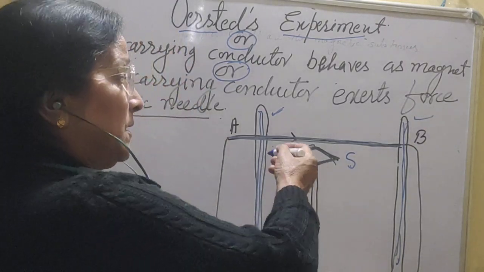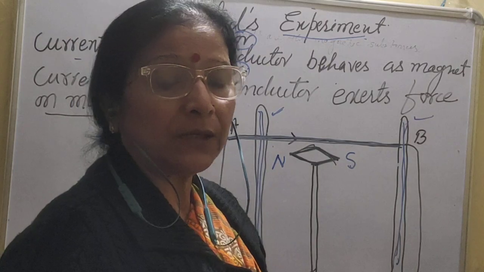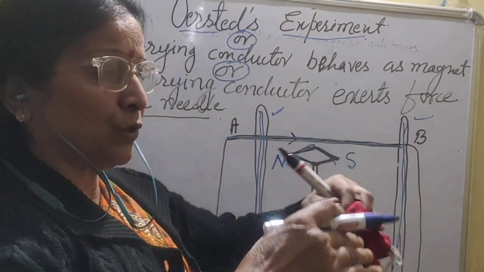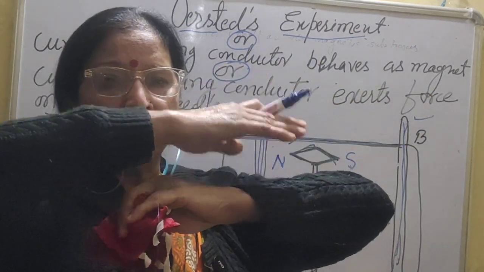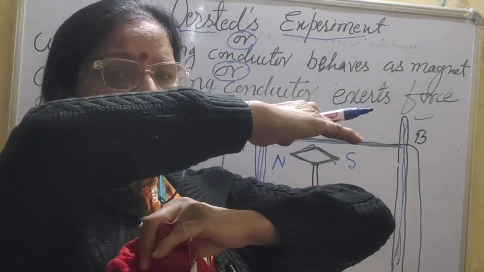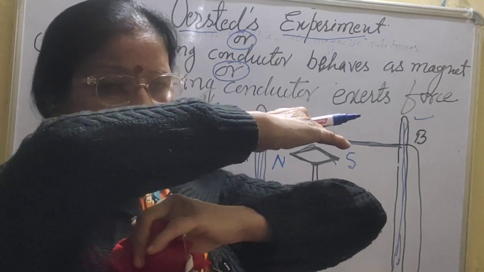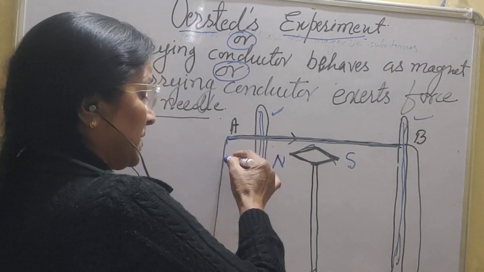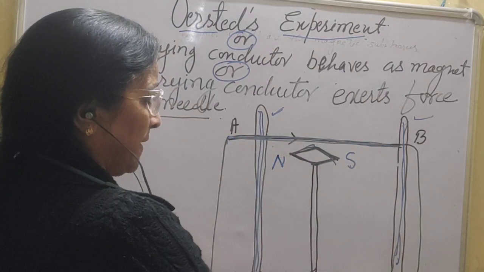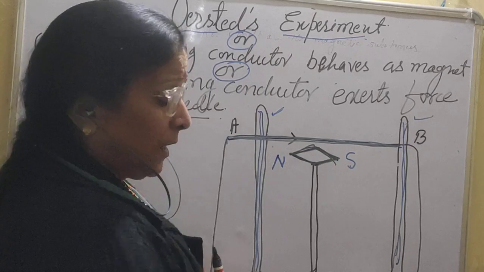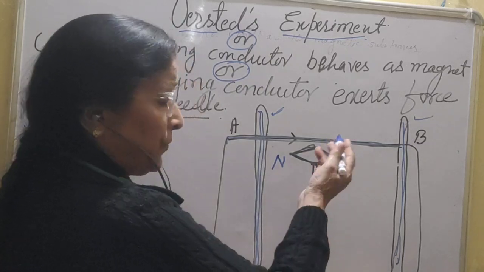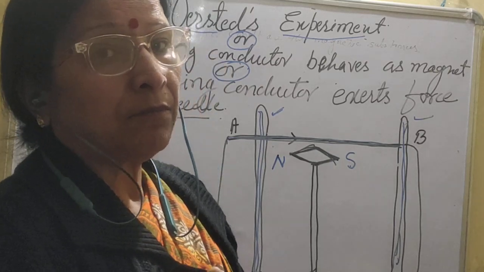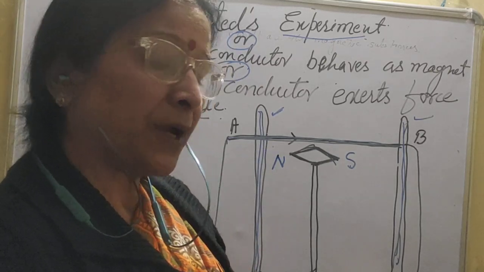Now the conductor is stretched parallel to the magnetic needle. By hand I can show you that: suppose my lower hand is the magnetic needle and the upper one is the conductor, parallel to the magnetic needle. Now the two ends of this conductor are connected to a battery and switch. Earlier, when we do this setup, we see that the magnetic needle is parallel to the conductor.